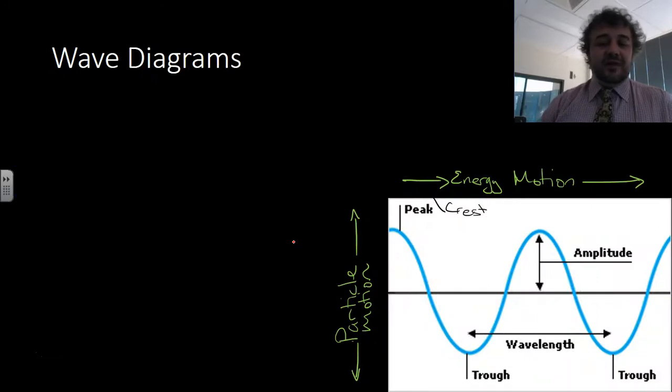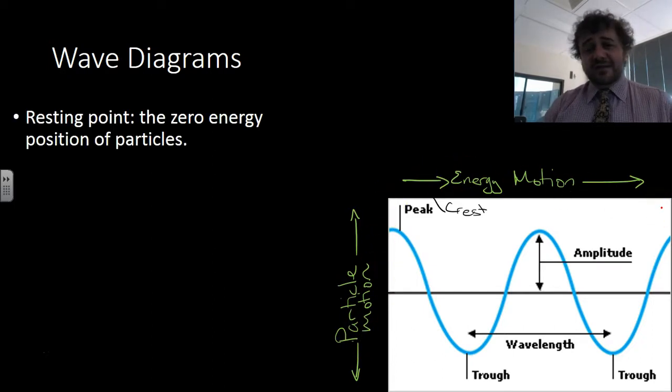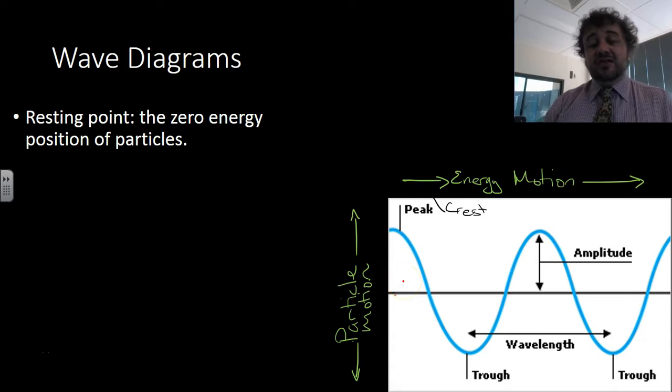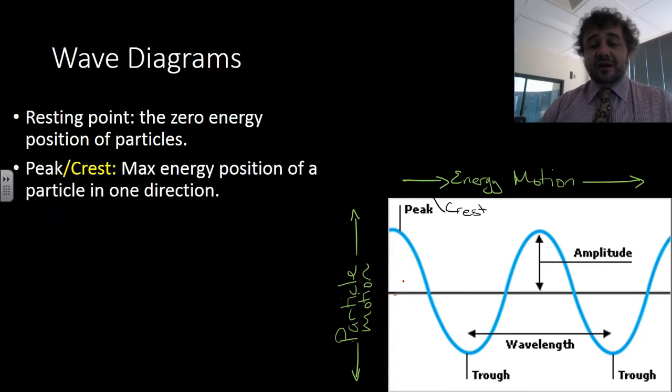So let's have a look at a wave diagram. So we have particle motion going up and down, whereas the energy is going that way. The resting point, which is just here, is the 0 energy position of the particles. Now, it doesn't have any energy, but then energy is put into the particles, and they move up and down like this.